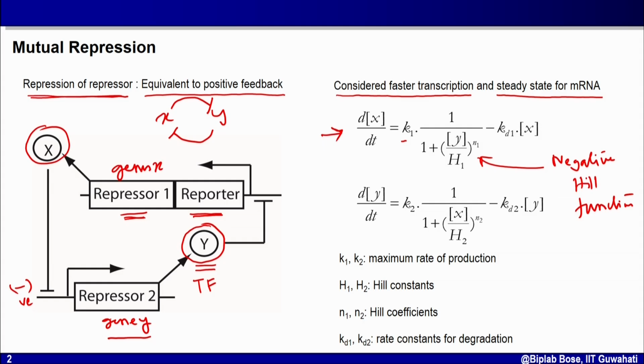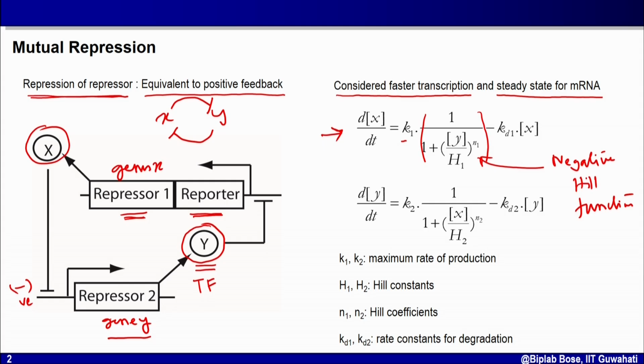And if you remember, a negative or inverse Hill function is a very good option to model this type of system. So I have used an inverse Hill function to represent the inhibitory effect of Y.